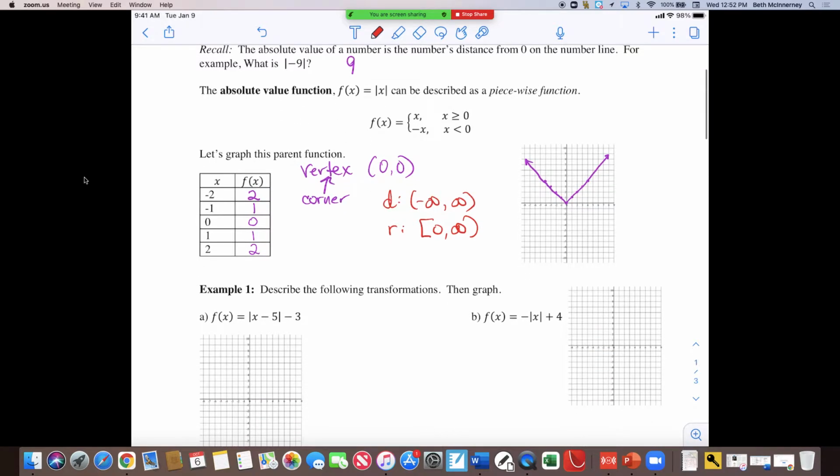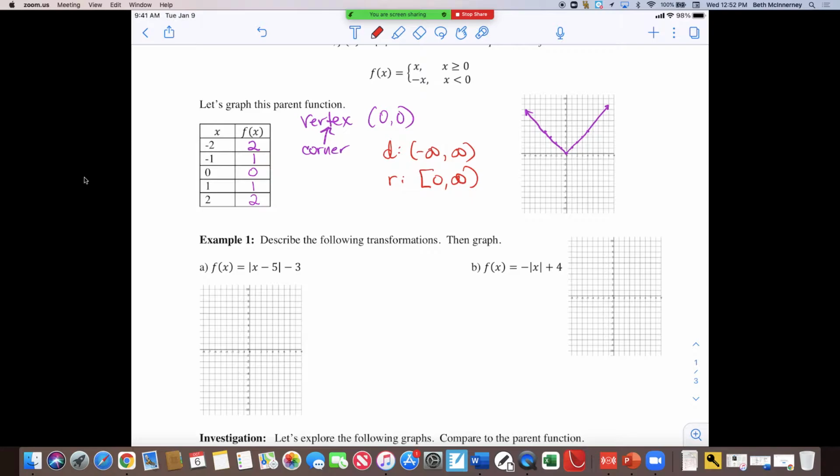All right, so now all the transformations we've done so far, they apply to no matter what parent function we have. So look at example 1, letter A. Just based on our knowledge, if I have f of x equals the absolute value of x minus 5 minus 3, who wants to take an attempt at what would be our shifts?